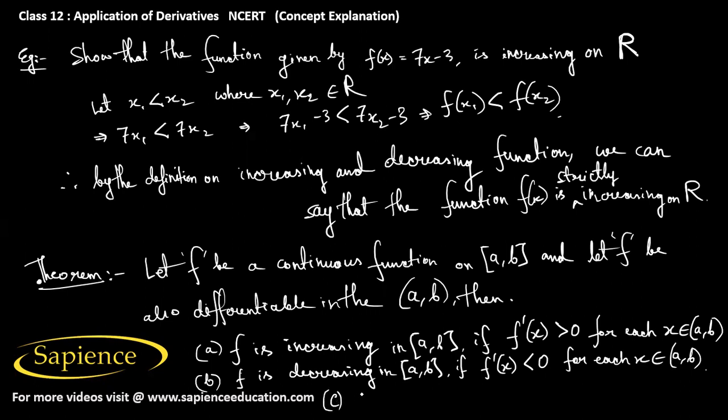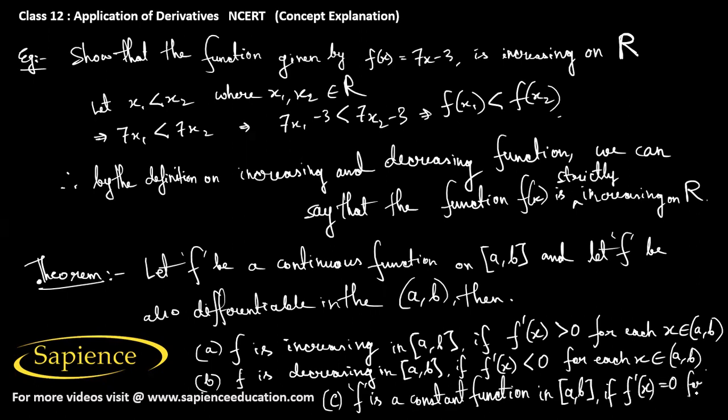And the third case is f is a constant function in the closed interval a to b if f dash x is equal to 0 for each value of x belongs to the open interval a to b.